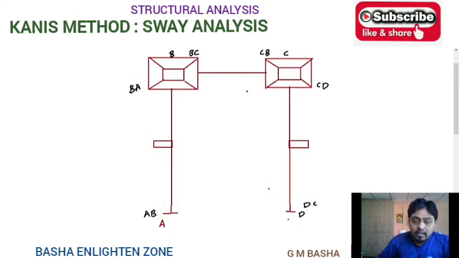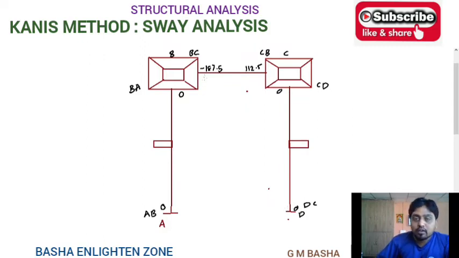So that is AB will be equal to 0, BA also 0, and BC fixed moment will be minus 187.5 kilonewton meter, and CB fixed moment will be 112.5, and these two will be 0 and 0. So take down either inside or outside. Why?